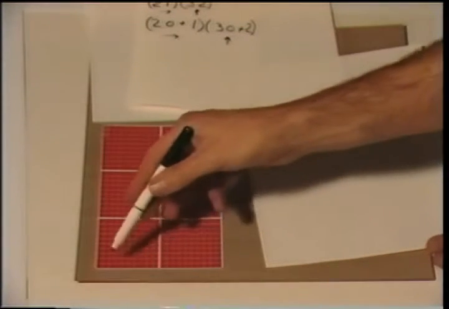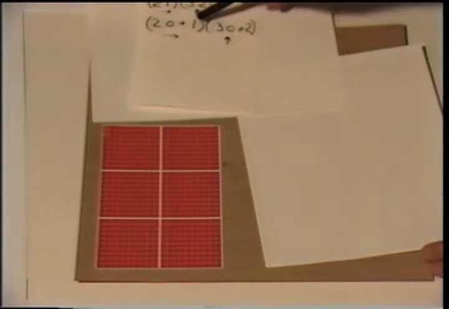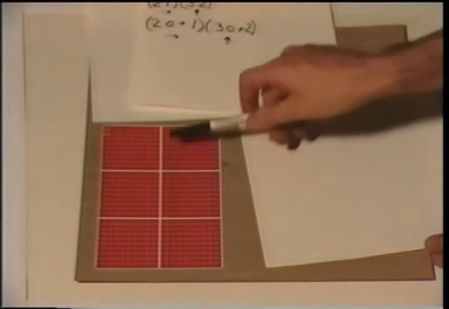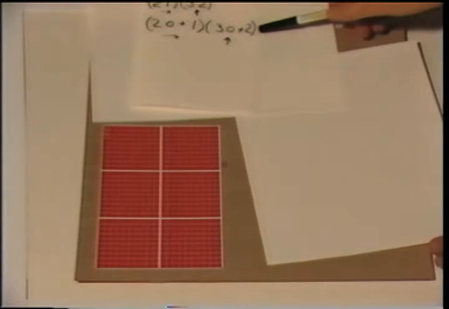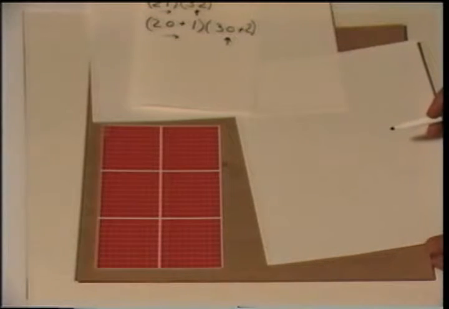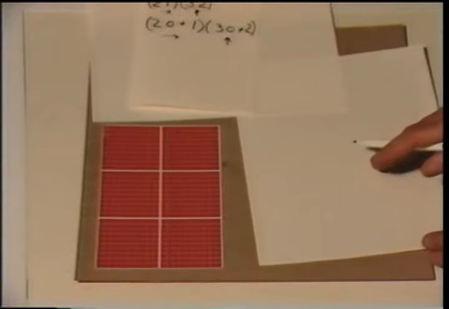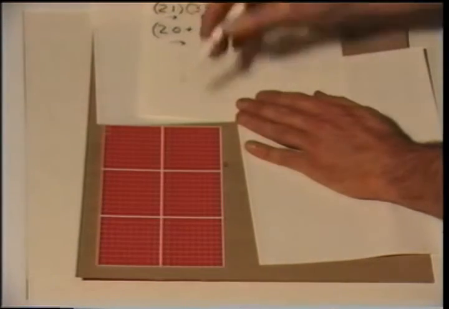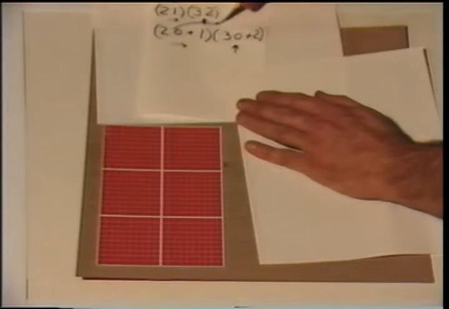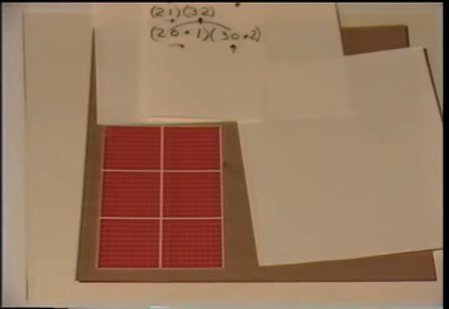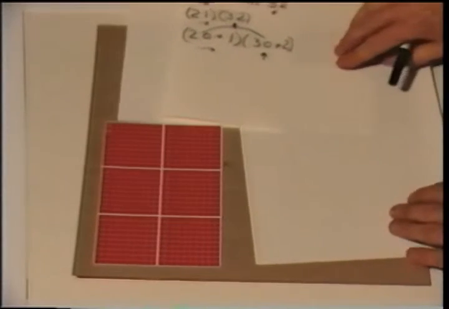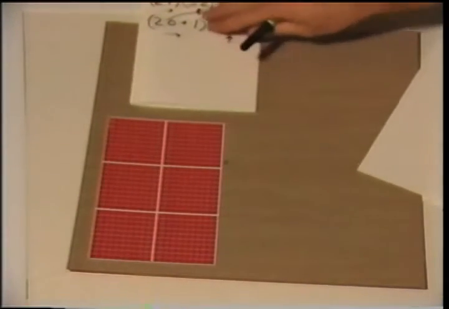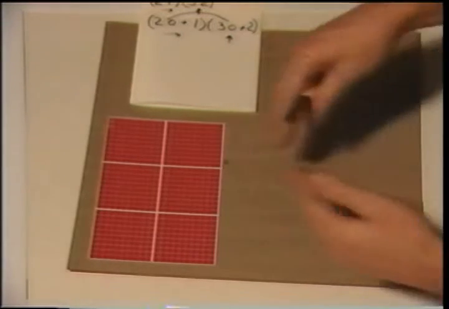We now have the piece that is over 20. Of course, we need to still come over 1 unit, as we see. We've got the piece that's up 30. Of course, we can see that we still need to come up 2. But we looked at our first distance over and our first distance up, and we got our first piece. Now we can extend our rectangle over 1 unit.